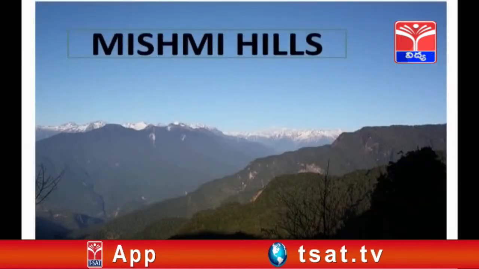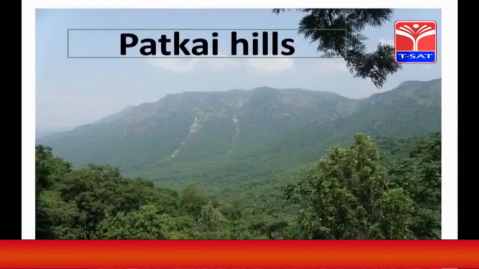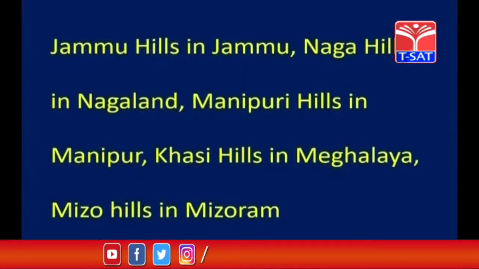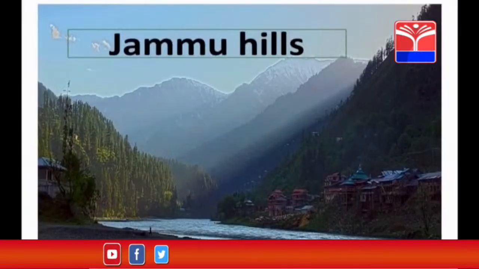This is the picturesque view of the Mishmi Hills, Patkai Hills, and other hills we have: the Jaintia Hills, Naga Hills in Nagaland, Manipuri Hills in Manipur, Khasi Hills in Meghalaya, and Mizo Hills in Mizoram are the important hills we can see in this region.